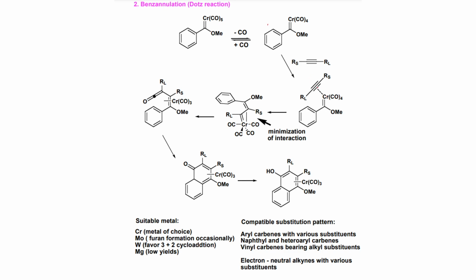So chromium and this kind of pi donation type interaction would be there to form this intermediate. Now here you can see it can be reacted like this. So this large unit is replaced.